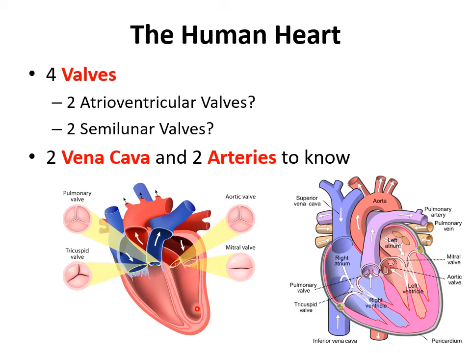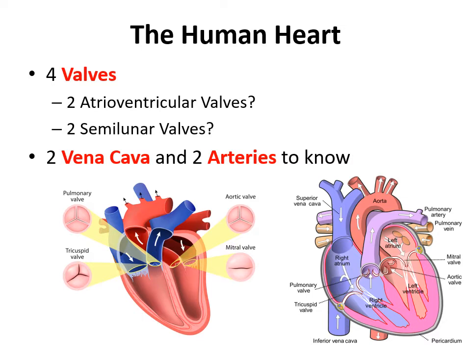You then have valves protecting the blood from swishing back into the ventricle after the ventricles have pushed it out into the arteries. And these are the semilunar valves, which are going between the arteries and the ventricle. And the semilunar, you'll have the pulmonary and the aortic, okay?